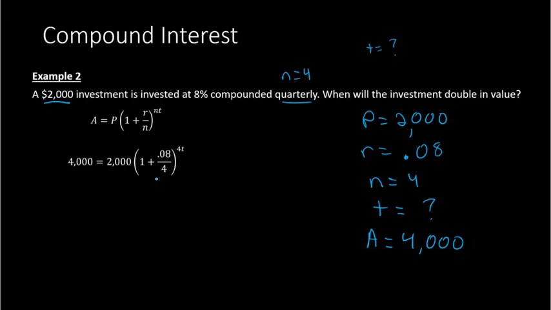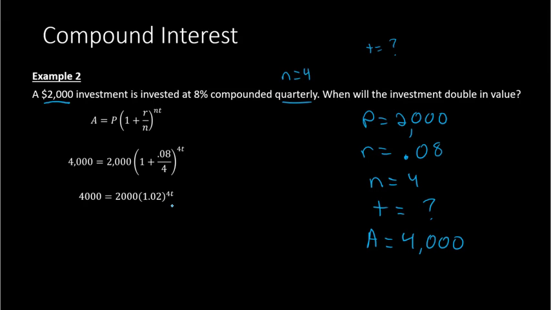So to simplify the parentheses, we have 0.08 divided by 4, which is 0.02. And 1 plus 0.02 is 1.02. So we now have 2,000 times 1.02 to the 4t power.